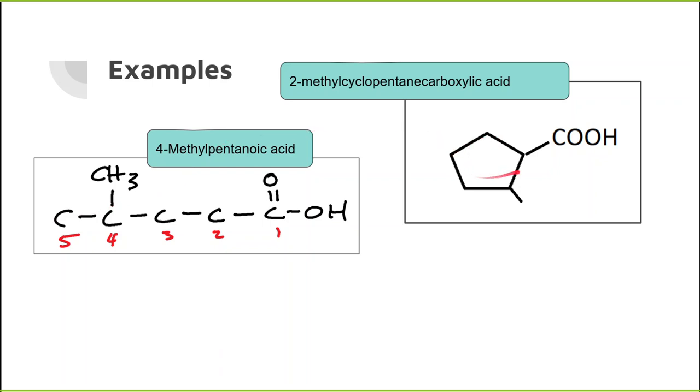In a ring like this, it's a 5-carbon ring. So this is going to be number 1, and this just becomes 2. And it's a methyl group. So this is 2-methylcyclopentane carboxylic acid. The cyclopentane is this ring, and carboxylic acid denotes that it has this carboxyl group on the side. Any questions there on either one of these?